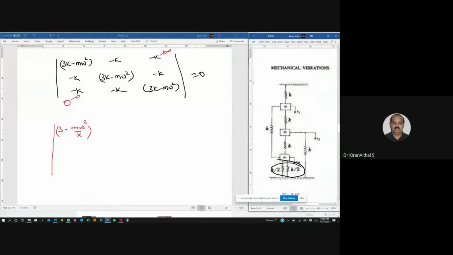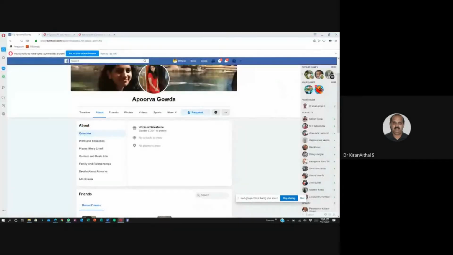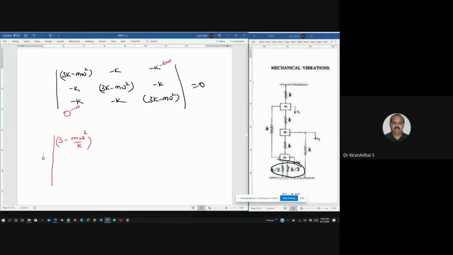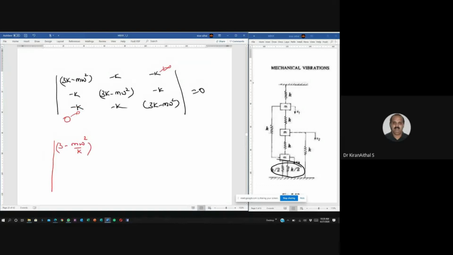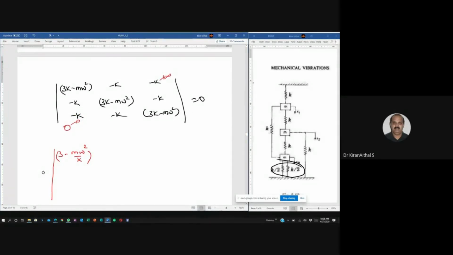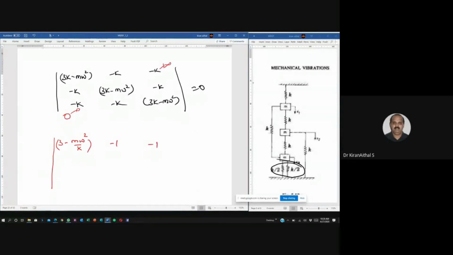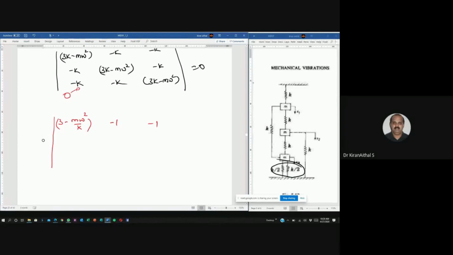when I take k outside here, okay. So what I'm going to have here is minus 1 here, again here also minus 1. Correct or not, Baba? Again, in place of k, I will say minus 1.